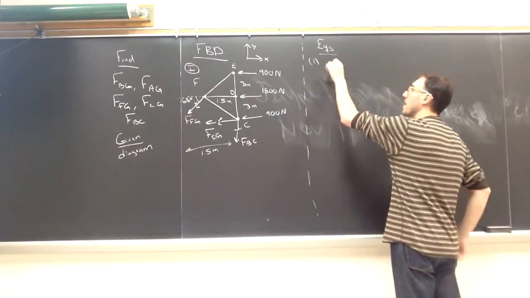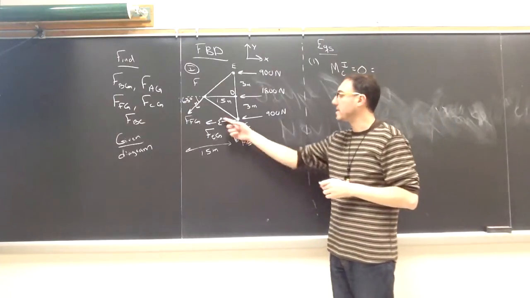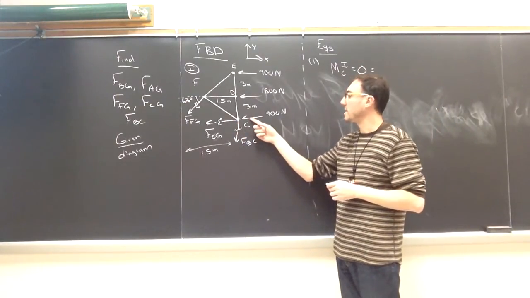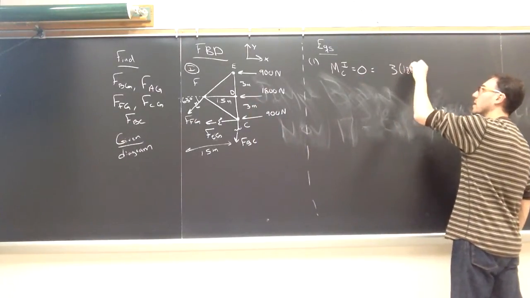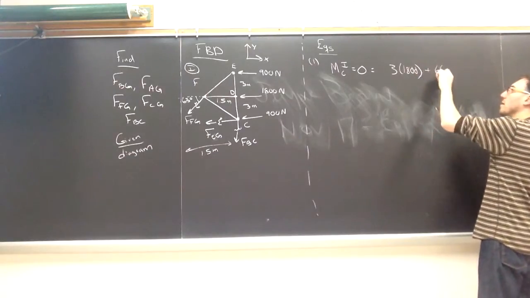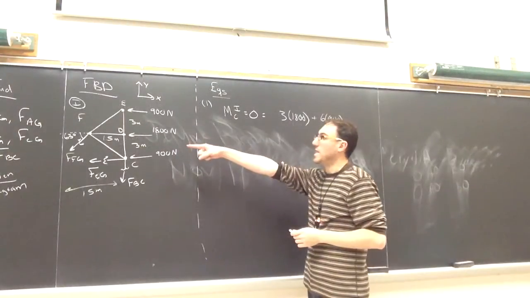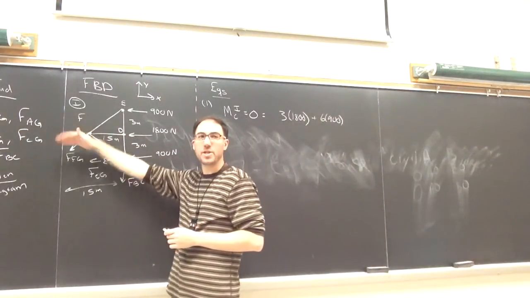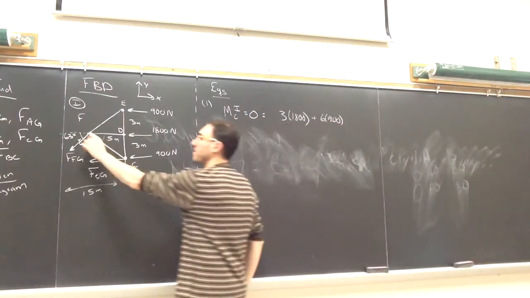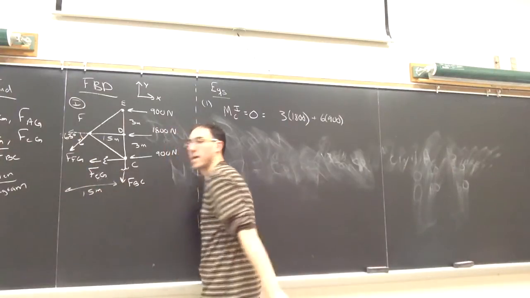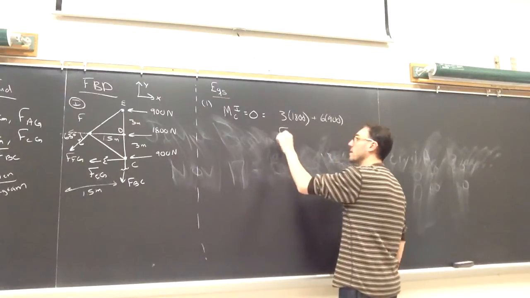So if we take the moment around C in picture 1, it eliminates these two forces. It eliminates the 900. I'll have 3 times 1800 plus 6 times 900. And then I have the vertical component of FG and the horizontal component of FG. So the horizontal component of FG, if I just lightly put it there, is going to be FFG cosine 63.